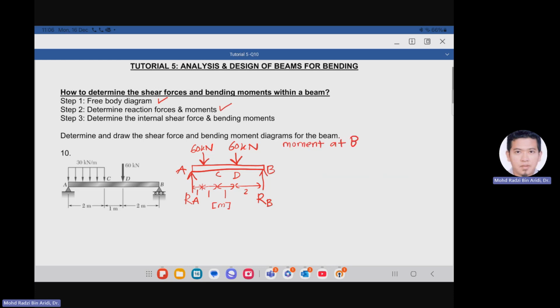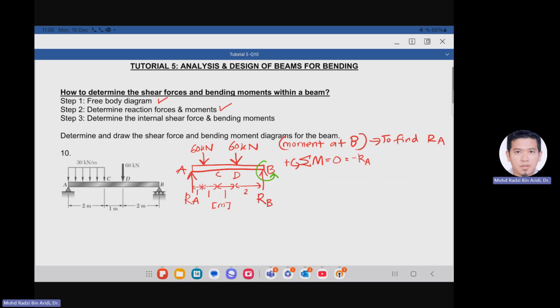To determine RA, we must take the moment at B. To find RA, we consider positive counterclockwise at B, so the total moment will be 0. The green color shows the counterclockwise. So we have 3 arrows or forces to be considered.